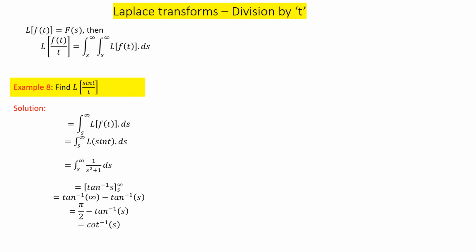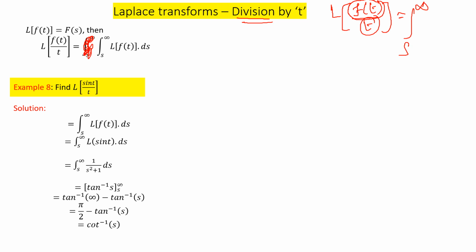Next property, Laplace transform properties of division by t. Sometimes you have the function in the numerator and there is a t in the denominator, or I can say the function divide by t. Then it's going to be s to infinity, only one integral, not two integrals, only one integral.